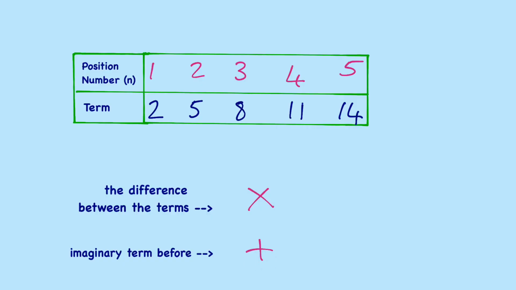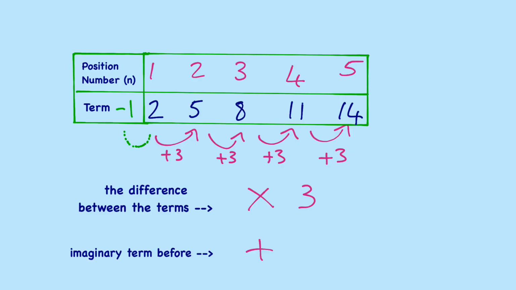So the difference is plus 3, so that means I times by 3. Then if you go back to the imaginary term before, that is minus 1. So I'm going to add the minus 1. So the rule is I'm going to multiply by 3 and then add a negative 1.